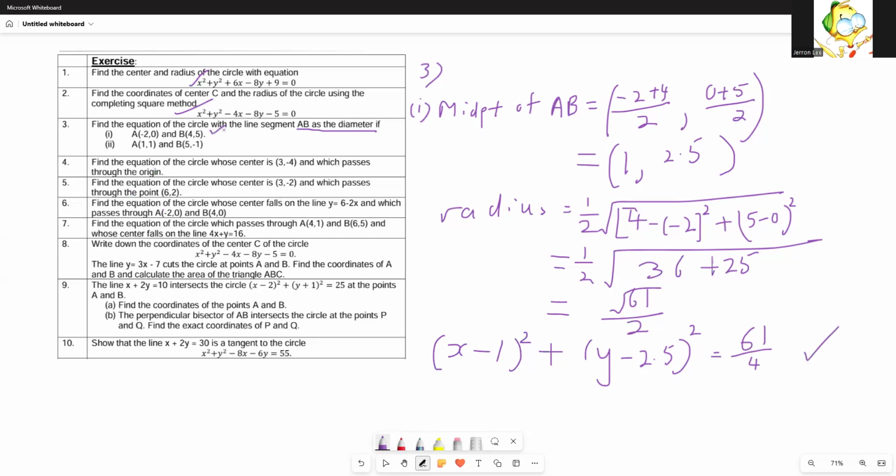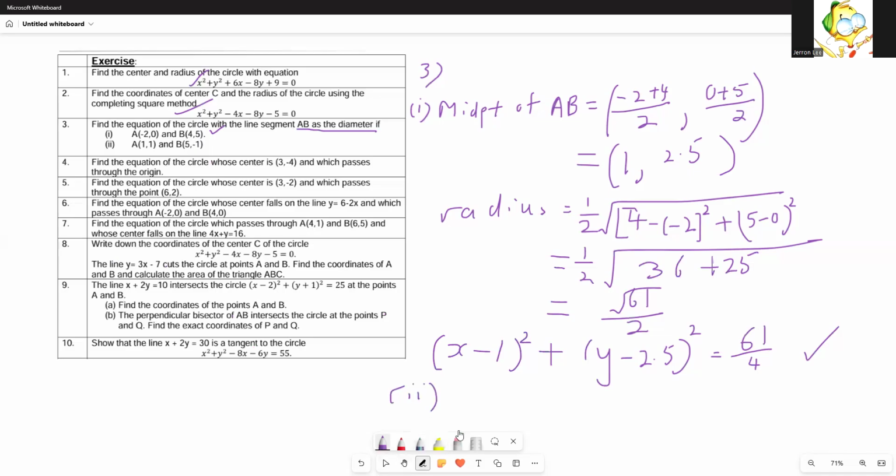Now, I'm not going to show you the solution for part 2, but instead, I would like to share with you what is actually our equation for part 2. Okay, so doing the same thing, that means finding the midpoint, taking it as your center. For part 2, this is what you're supposed to be having, right? So let's have a look at it.